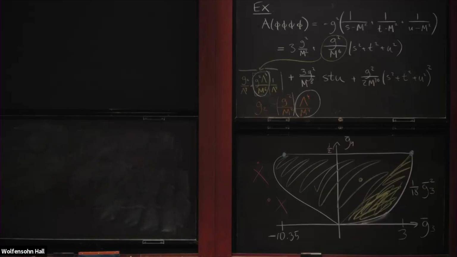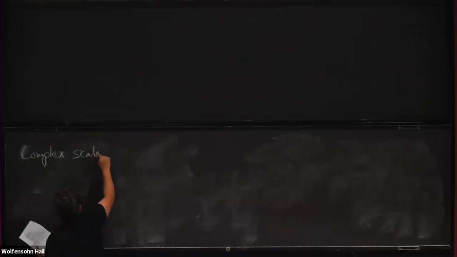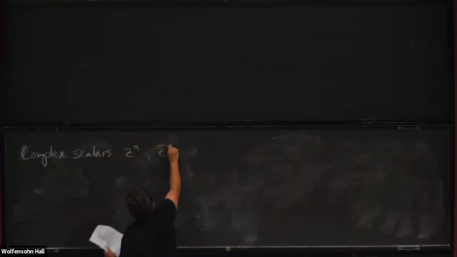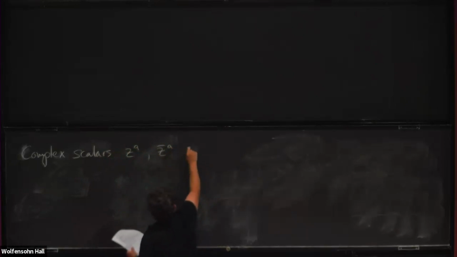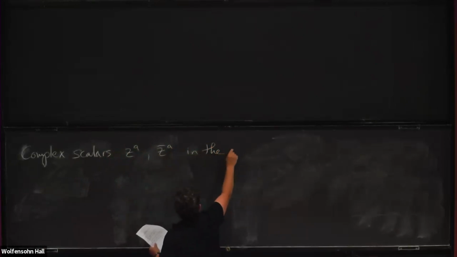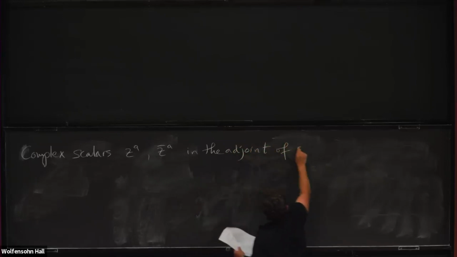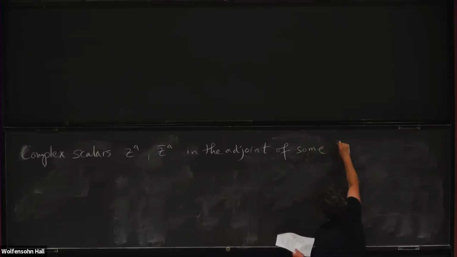So now we will look at complex scalars, Z_A and Z-bar, let's call it A2, in the adjoint of some, I'll put it in quotation marks, color group.